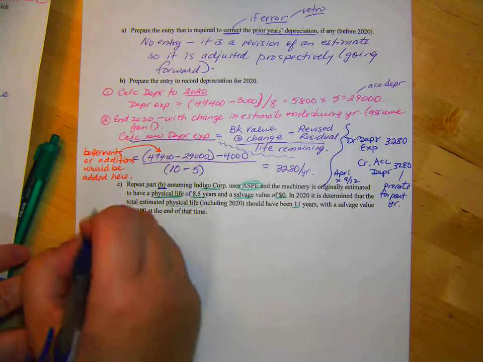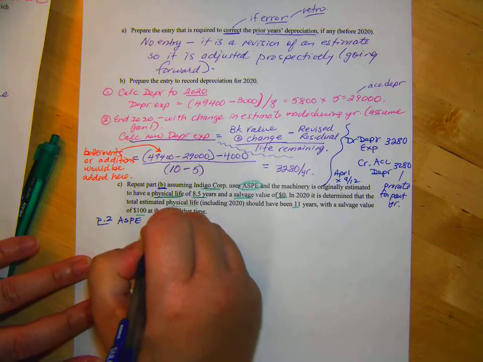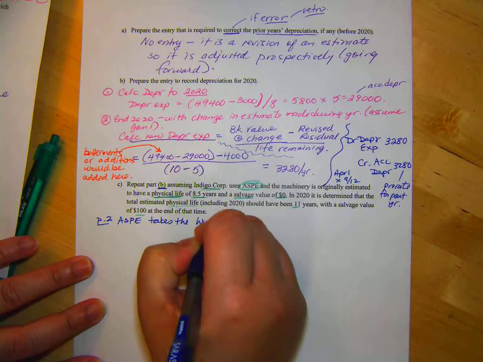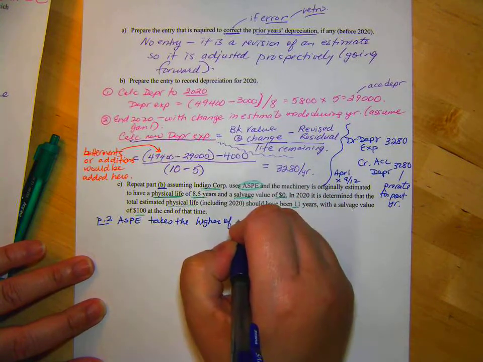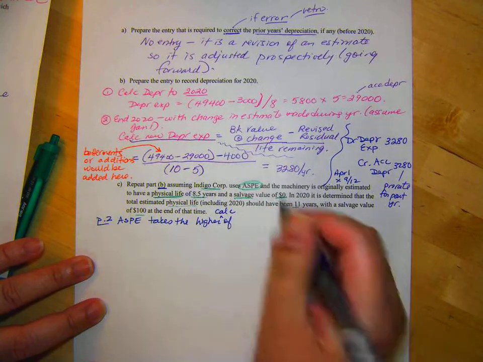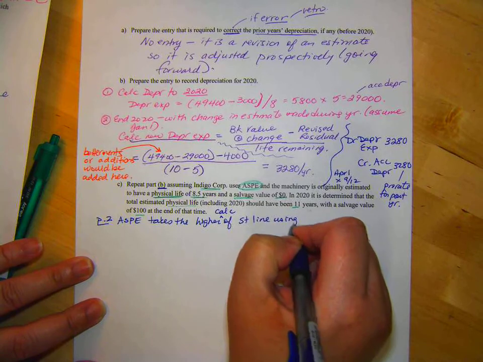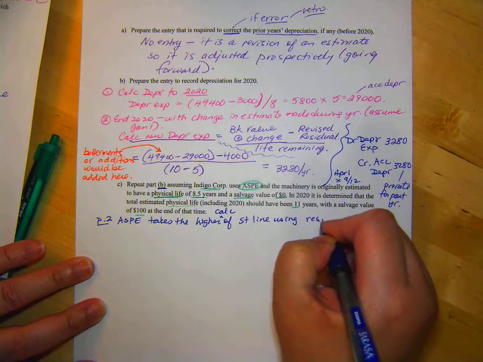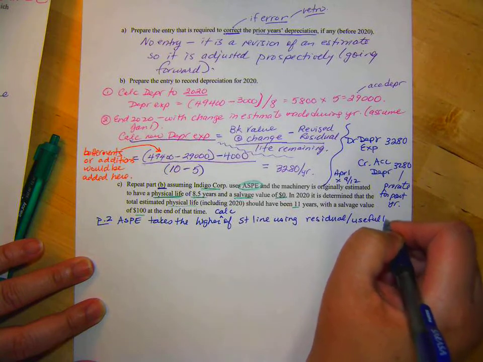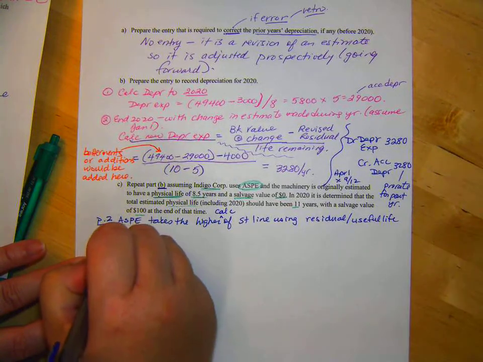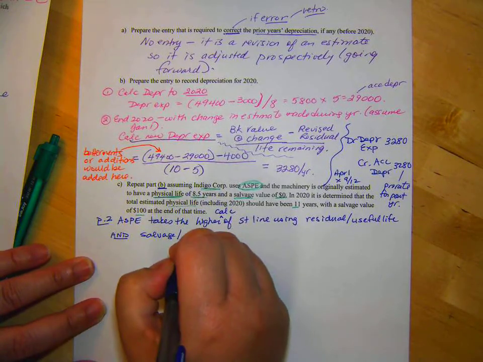So page 2, ASPE takes the higher of the higher calculated output of straight line using residual and useful life, and salvage value and asset life.